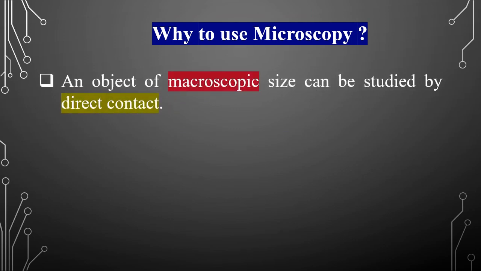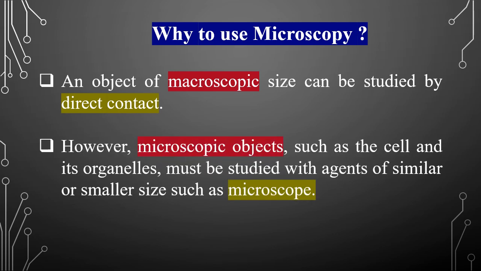When an object is of macroscopic size, it can be studied by direct contact, but when an object is of microscopic size, such as cells and organelles, we must study them using agents of similar or smaller size, such as a microscope.